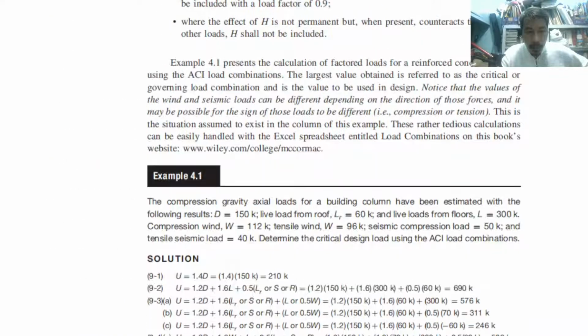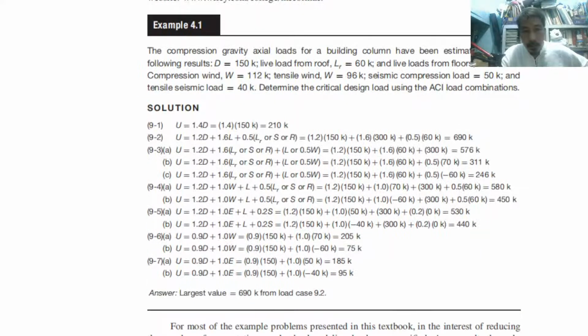So similar to our steel design, we have an example. Let us again do this example for the benefit of having a repetitive example.